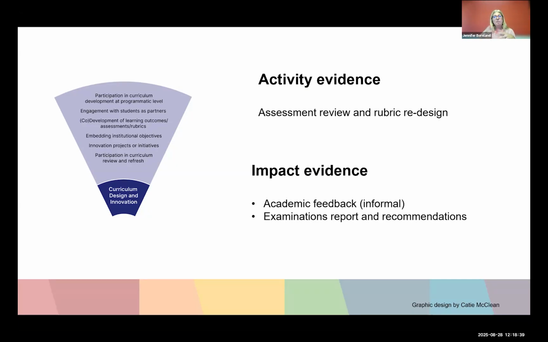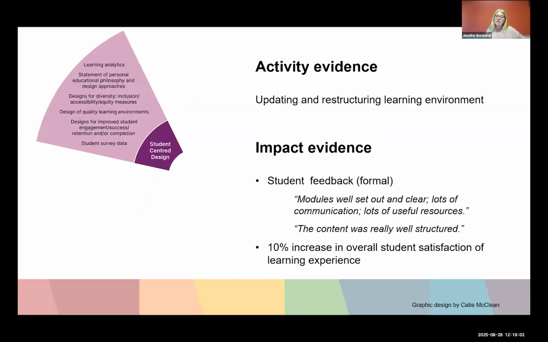So you can see that using the evidence, making visible what can be achieved, is quite easy to do when you've got something to back it up. It's a fairly straightforward example. The LD's profile: this was a senior learning designer with over 10 years experience in learning design. The next one is a student-centered design example.